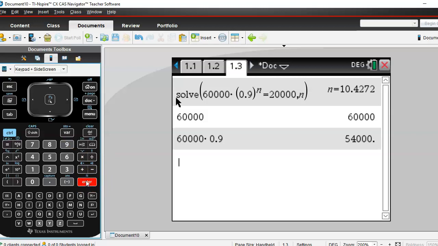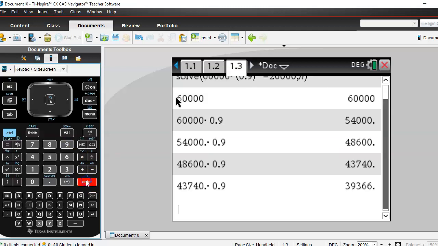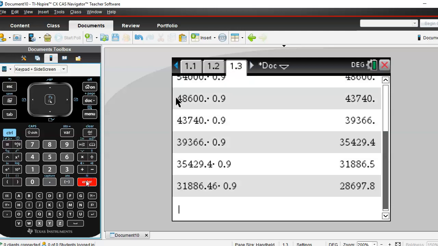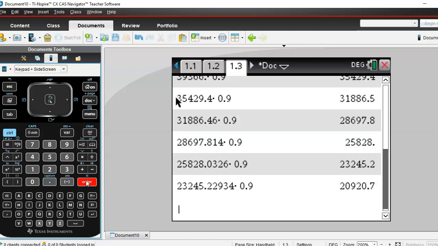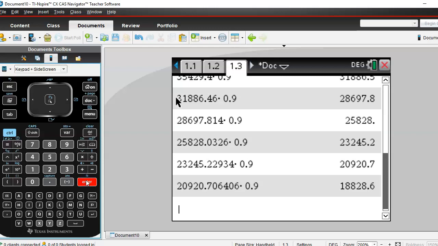So year 1, year 2, 3, 4, 5, 6, 7, 8, 9, 10. So at year 10, we're at $20,920.70 roughly. So you can see we're not yet there. Year 11, there, we're finally under the 20,000. So that's why it is 11 years. So whichever way you choose to do it, either using the solve or recursion, it is after 11 years.